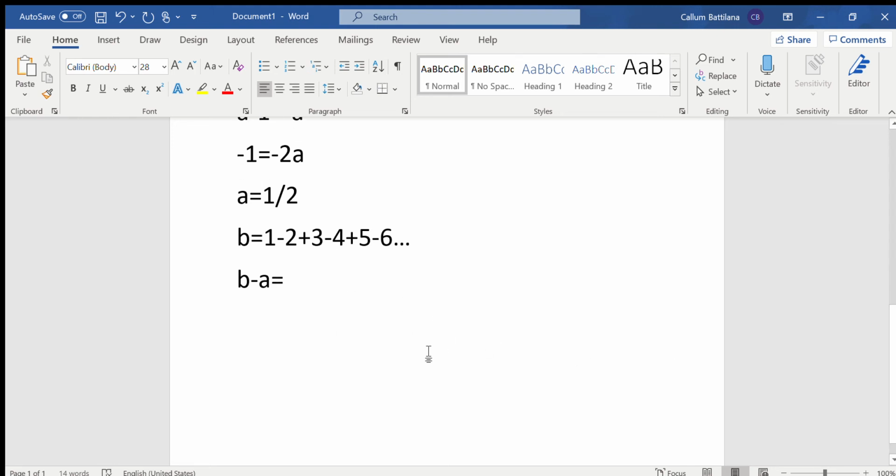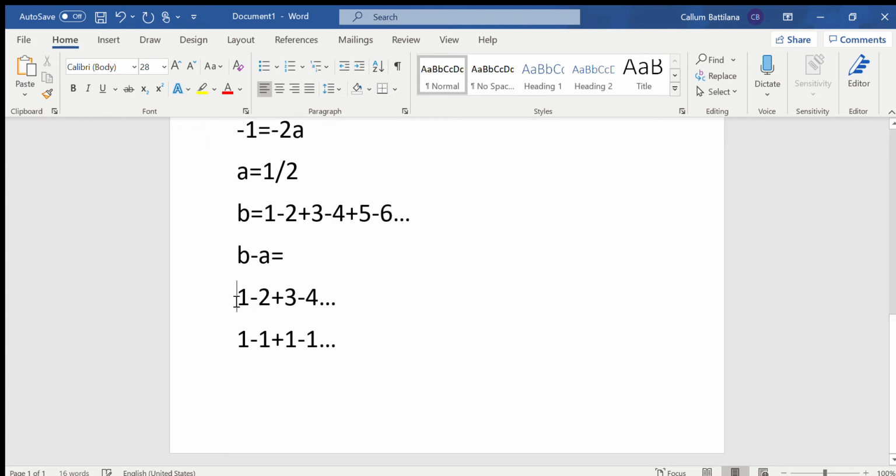Well, we'll put the beta sum, so that's 1 minus 2 plus 3 minus 4, on and on. We'll just put those first 4 terms, and then we'll put the first term of alpha over here. So we have 1 minus 1 plus 1 minus 1, and so on.